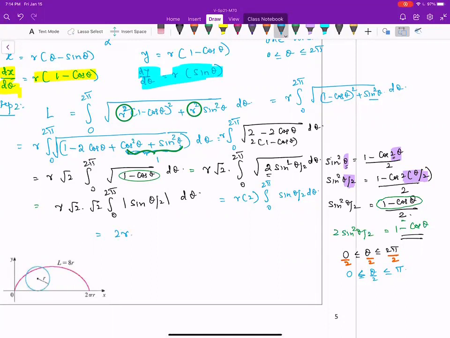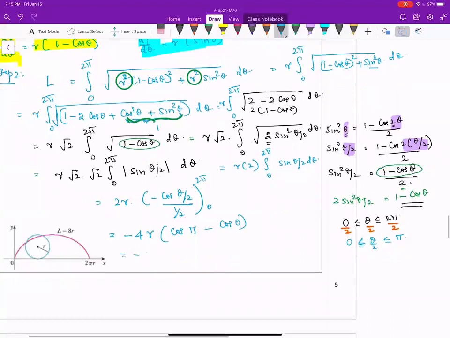Sine theta by 2, integral of sine theta by 2 is negative cosine theta by 2 divided by 1 half between 0 and 2 pi. So it is equal to negative 4r. If I flip and multiply, then it is cosine of 2 pi over 2, that will be pi, and then minus cosine of 0. So it is negative 4r, cosine pi is negative 1, cosine 0 is 1.